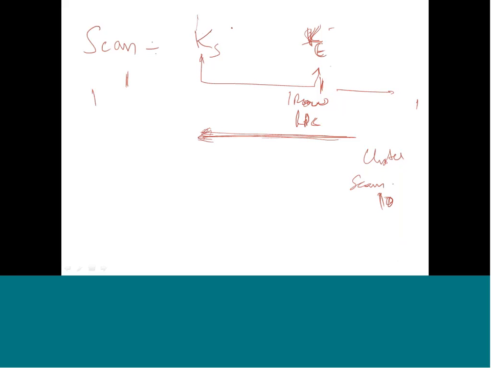Now that KS to KE may span many different regions. It may span 5 regions, for example. So the client will issue a scan to individual regions. Make sense? Okay, wonderful. So this is what scans are.